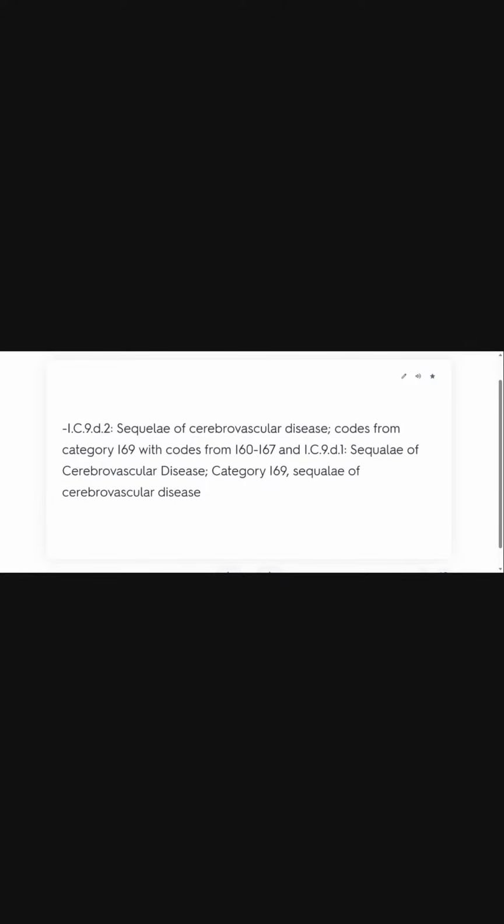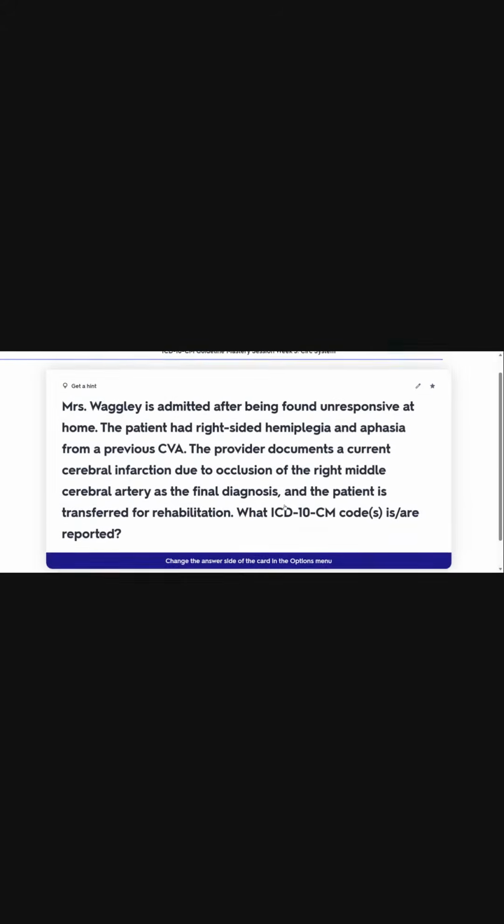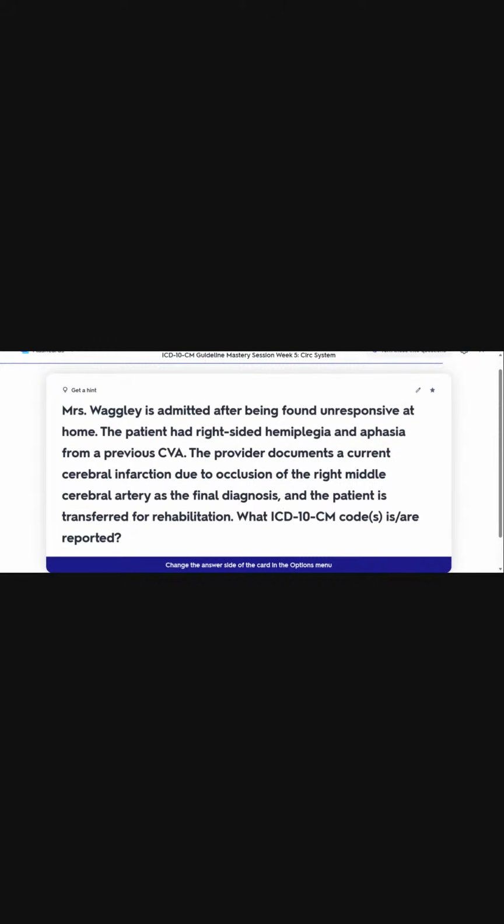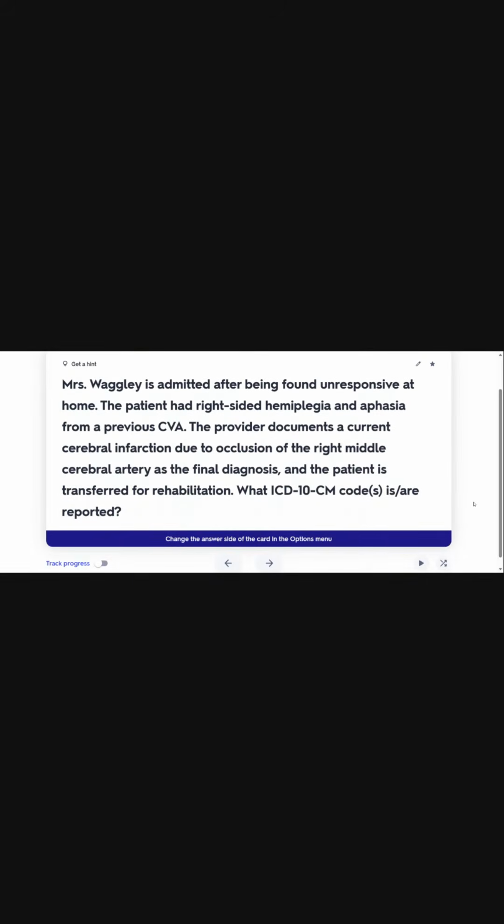So if you put one or both of them in the chat, amazing job. And now, using those guidelines, we are going to put it all together and we are going to select our ICD-10-CM codes. All right. I'll give you guys a few seconds for this one. And as always, we will switch over to the PowerPoint and we will go over it all together.